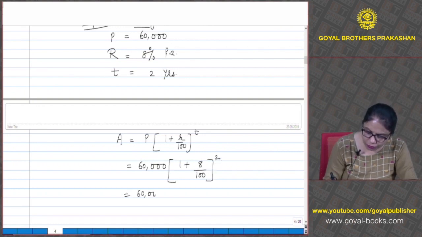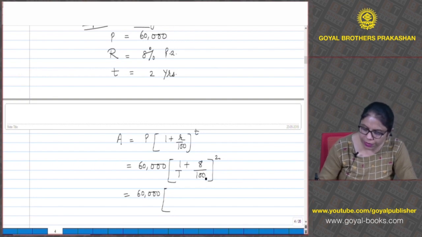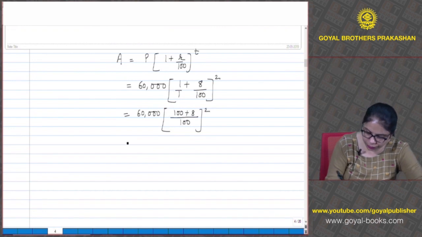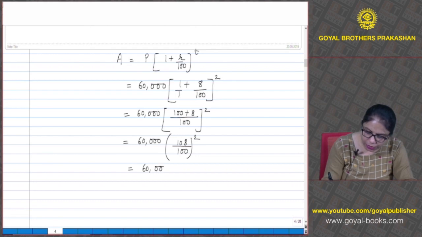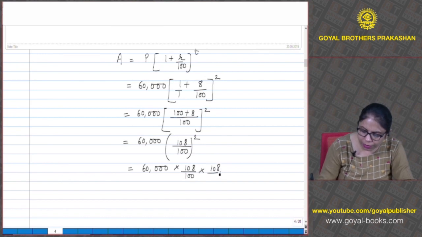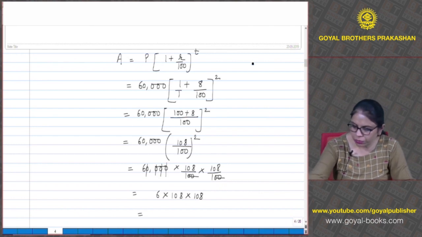So what will we do? First of all, we will take the LCM, which will be 100. 100 plus 8 gives 108 by 100 raised to the power 2. That means 60,000 multiplied by 108 by 100, 108 by 100. Now cancel this. You are left with 6 multiplied by 108 multiplied by 108.